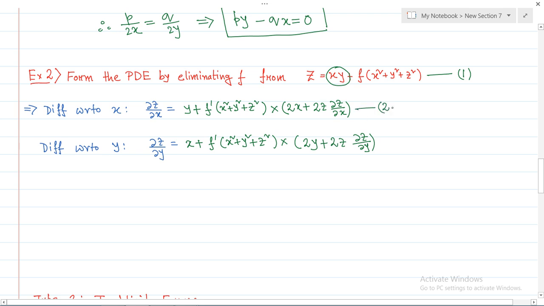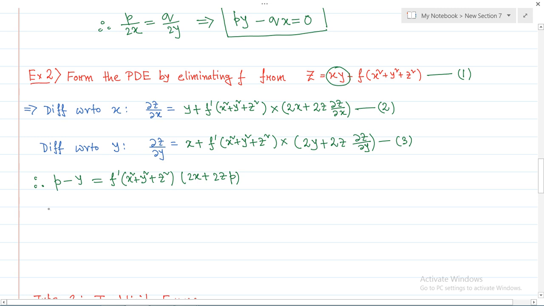So now let us rewrite equation number 2 and equation number 3, so we will understand how we can eliminate the f dashed function. So del z del x can be written as small p. Small p, you can take minus y on the left hand side, and write it as f dashed of x square plus y square plus z square into 2 times x plus 2 times z into p, right?